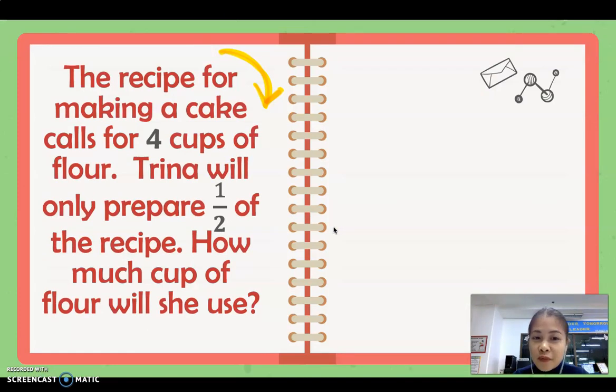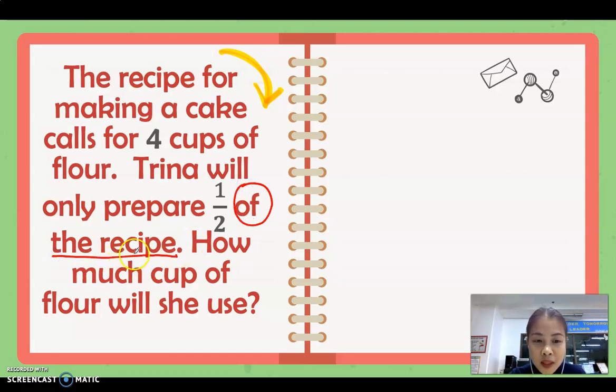The recipe for making a cake calls for 4 cups of flour. Trina will only prepare 1/2 of the recipe. How many cups of flour will she use? In this given problem, because of the word of, Trina will only prepare 1/2 of the recipe.